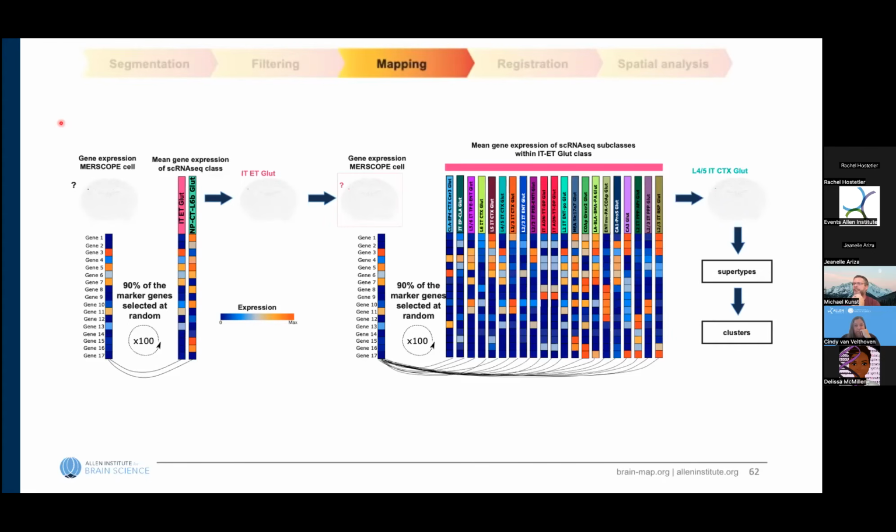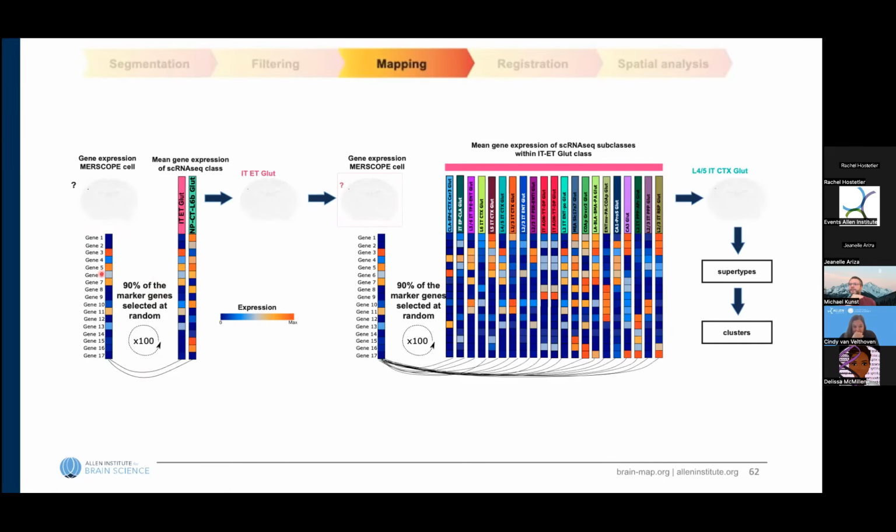So you take each cell and compare it to every individual cluster you have in your dataset. Then you do this 100 times in a bootstrapped way, where you only use 90% of the original marker genes. So you end up with an average correlation score and you can assign a cell to a cluster.